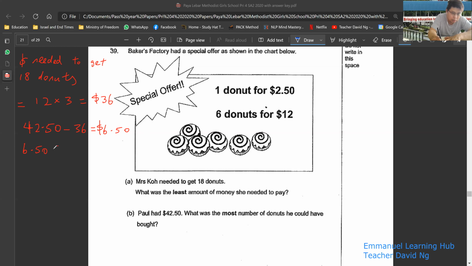Equal to 2, and remainder $1.50. Understand? Okay, this part you understand? So 2 remainder $1.50, right? So earlier on he has 18 donuts.